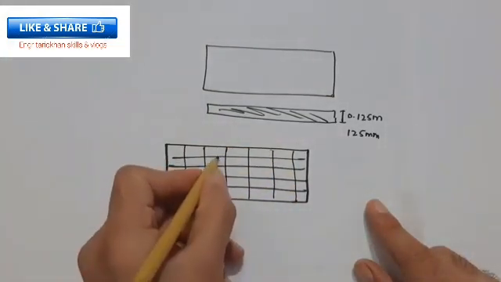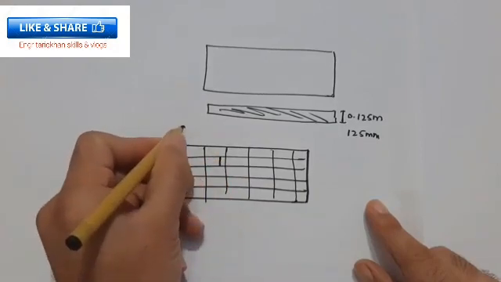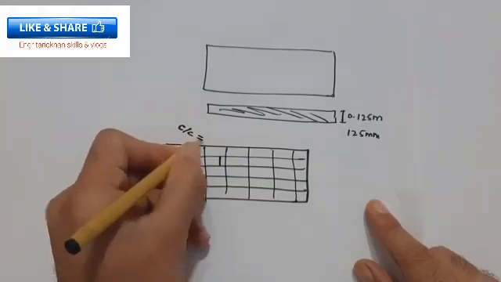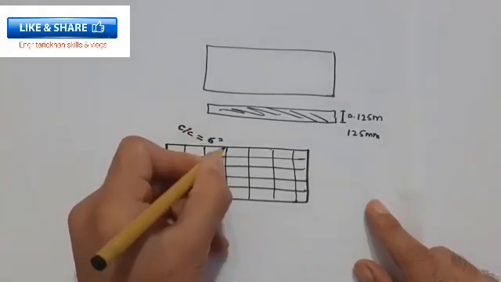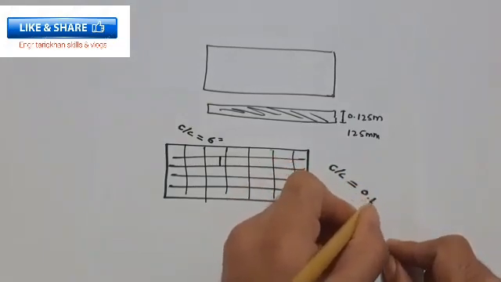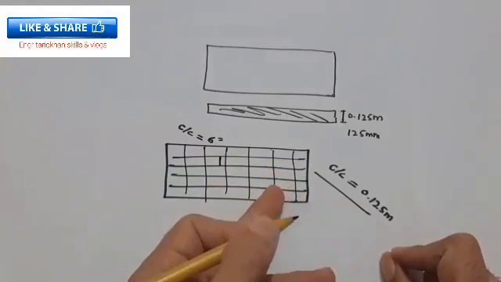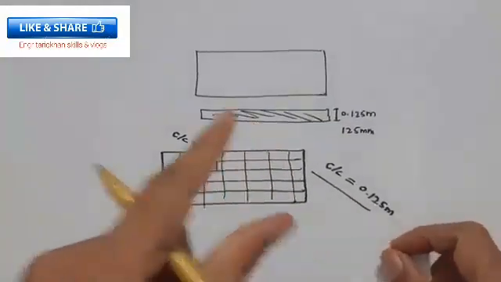The space between two steel rods we can say is C/C, for example, 6 inches, or C/C equal to 0.125 meter, etc. So it means the spacing between two steel rods.